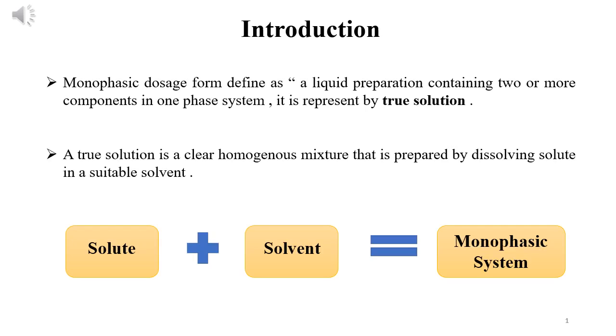Now we will clarify two terms, solute and solvent. Solvent is the medium where solute will dissolve, meaning solute is the substance which will dissolve in solvent. After forming a one phase system, it is called a monophasic system.